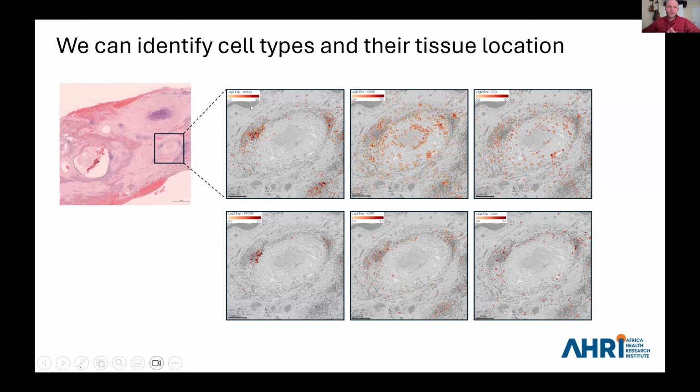So CD20 is a B cell marker, so we see these interesting clusters associated with the granuloma. CD68 is a macrophage marker, so macrophages are really important in containing TB. And so we find macrophages present within this granuloma. And then CD4 T cells are also present around the granuloma tissue.